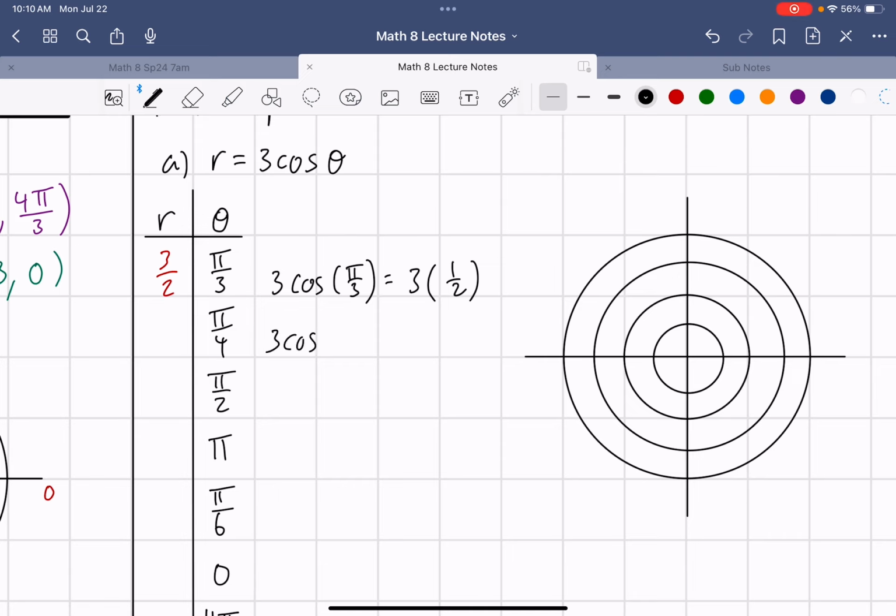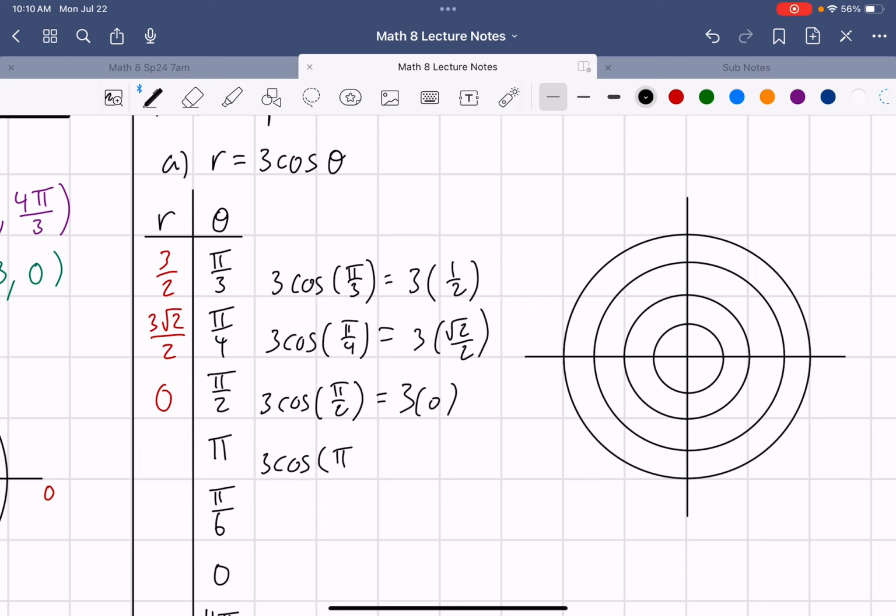And then 3 times cosine of pi over 4 is 3 times square root of 2 over 2, which will be 3 square root of 2 over 2. Cosine of pi over 2, we already know, is going to be 0. 3 times 0 is 0. So again, this is why we have to know our angles, our thetas, really quickly, so we don't spend so much time doing these small calculations.